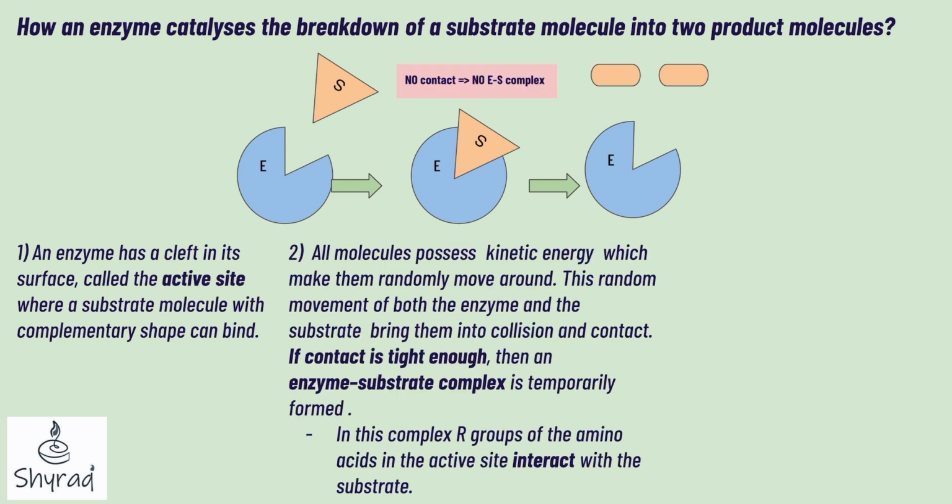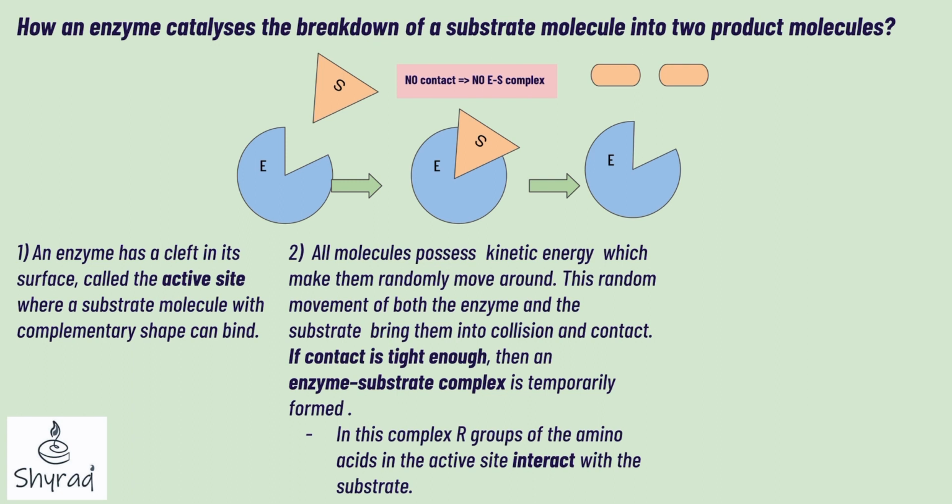Second, all molecules possess kinetic energy, which makes them randomly vibrate or move around. This random movement of both the enzyme and the substrate brings them into collision, into contact.